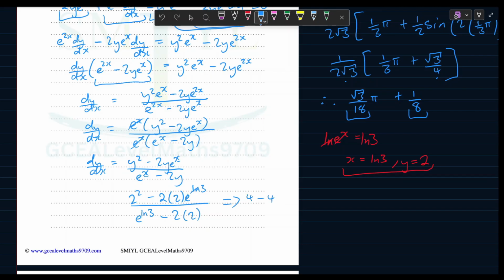E and ln cancel out, so you just remain with a 3 there, over 3 minus 4. So this leads to 4 minus 12, which is minus 8, over 3 minus 4, which is minus 1, so we get 8. So therefore our gradient is 8 when y is 2. And that will be our final answer.